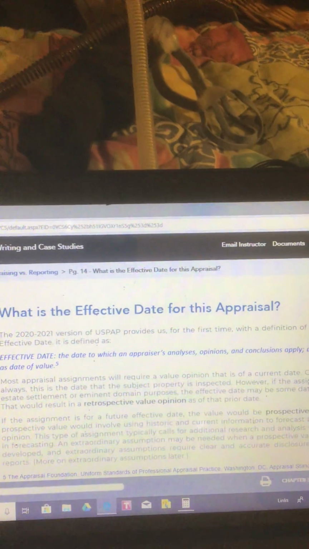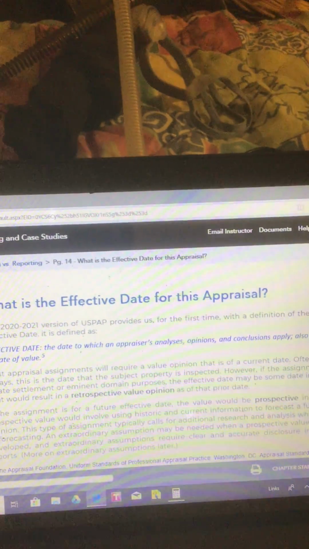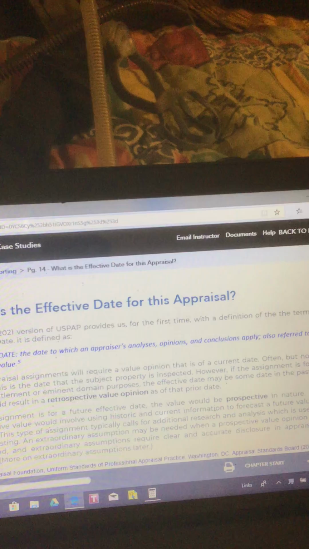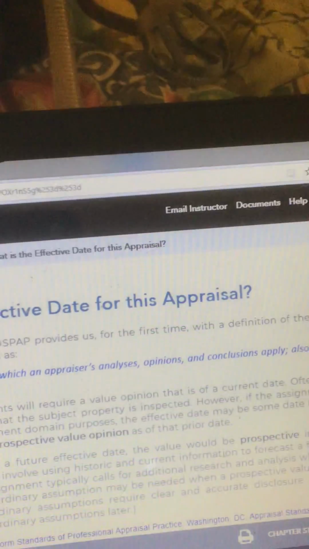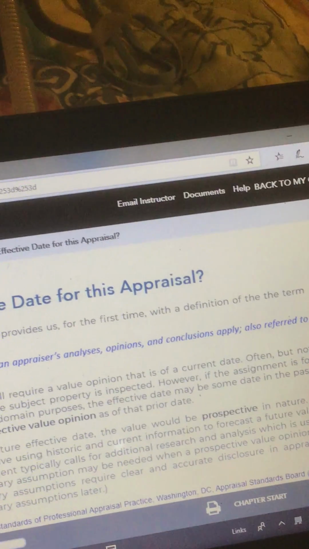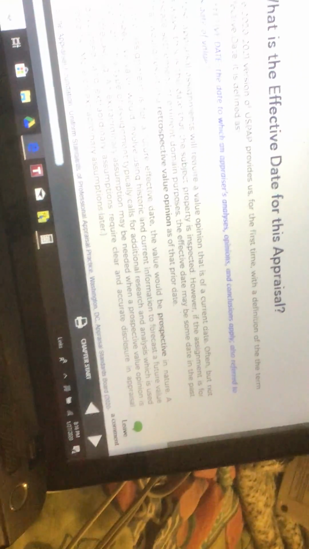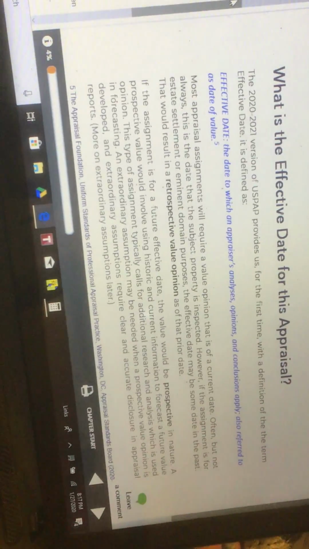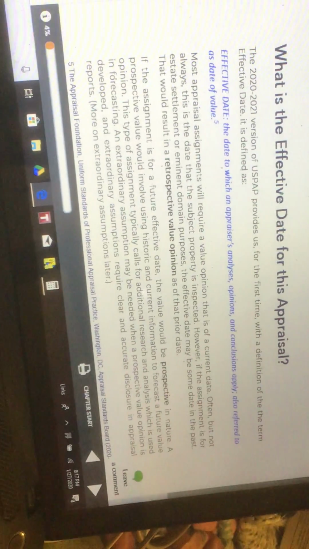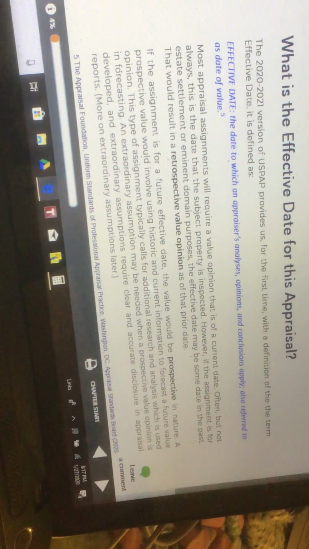Most appraisal assignments will require a value opinion that is of a current date. Often, but not always, this is the date that the subject property is inspected.